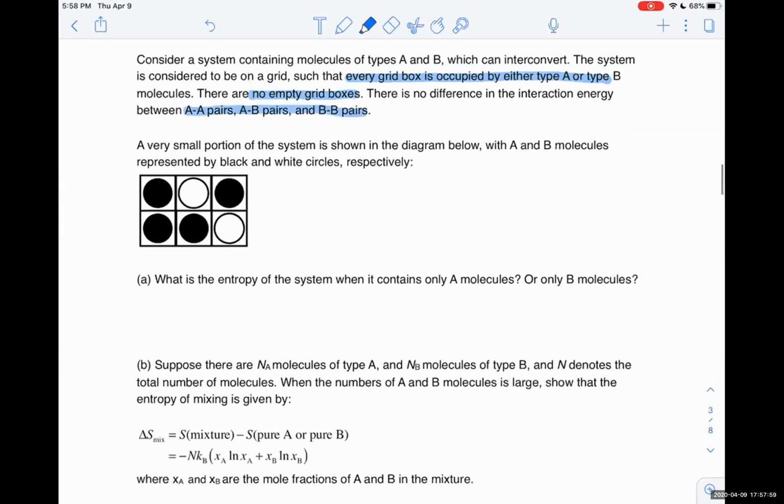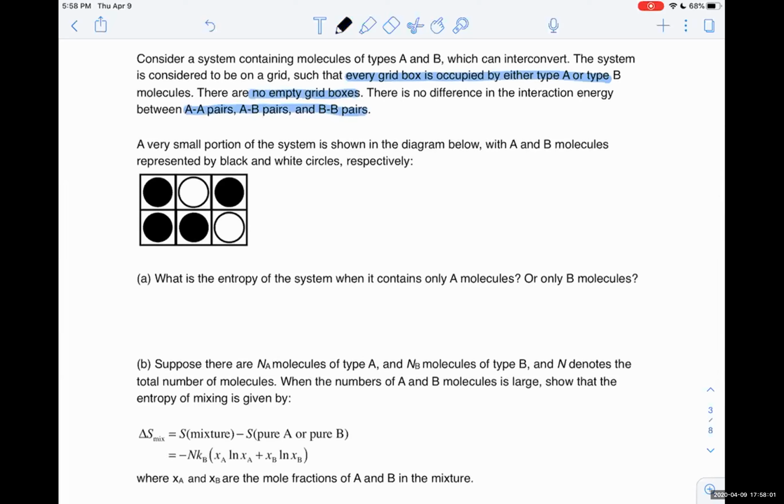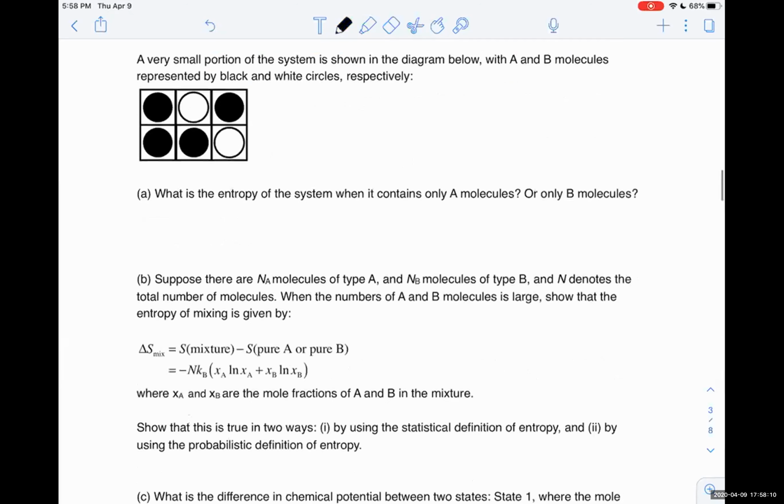So now let's read the question. Part A: what is the entropy of the system when it contains only A molecules or only B molecules? The assumption here is that there's no empty box, which suggests that if it's only A molecules, all the boxes are occupied by A's, and if B, then all B molecules will occupy the boxes.